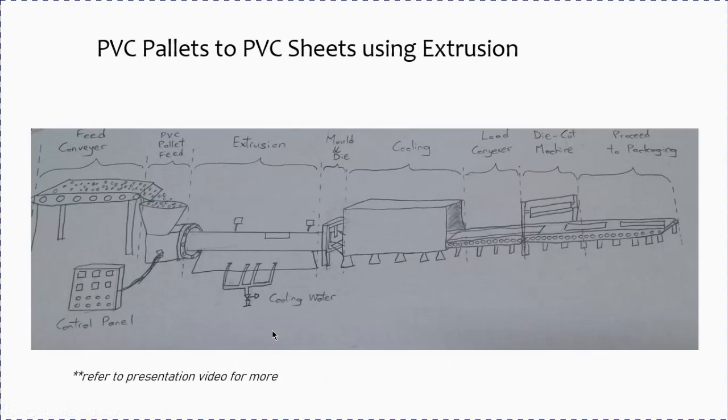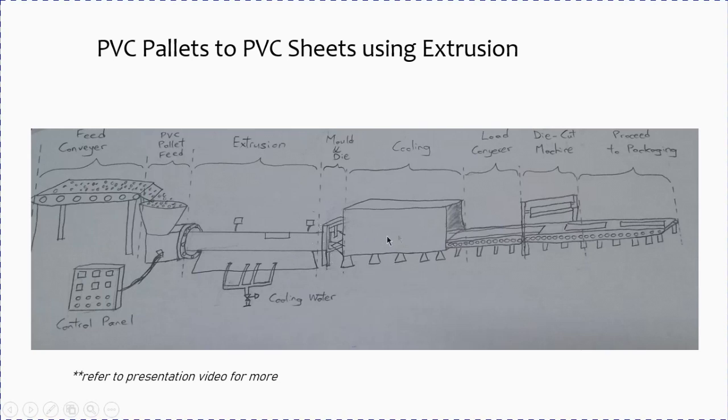So this is a hand sketch process flow diagram of extrusion technique. PVC pellets are fed to the extruder continuously, and the extruder will start to melt the pellets with proper temperature and pressure control. The materials now will flow through the mold and die to acquire the desired sheet shape.